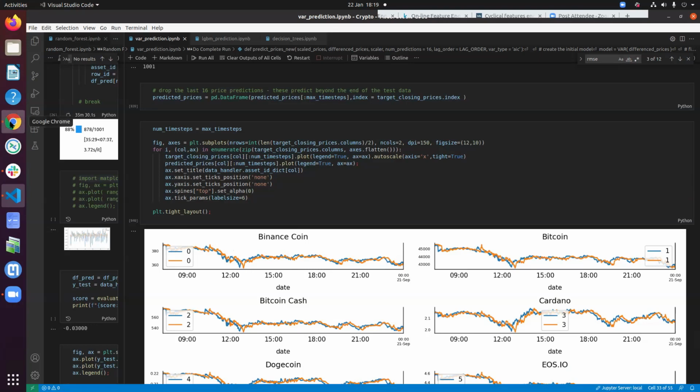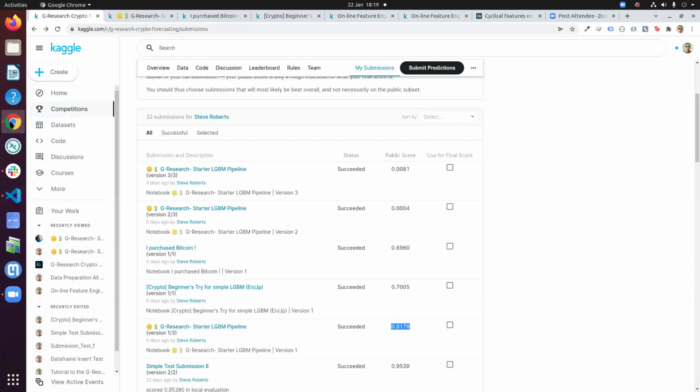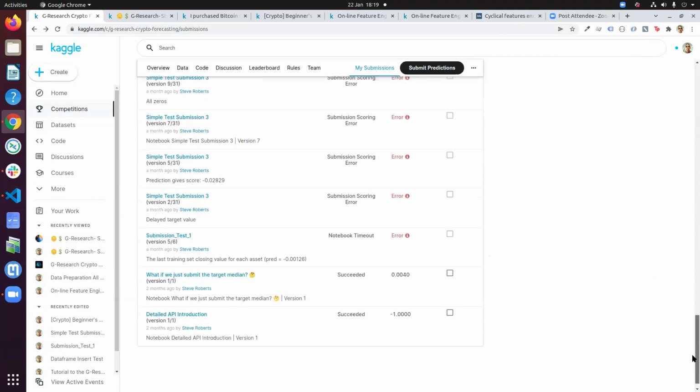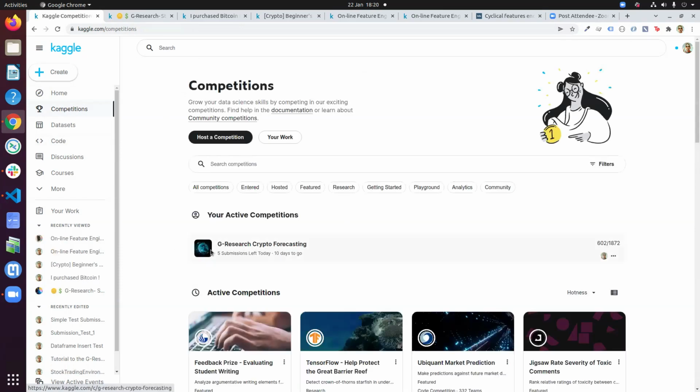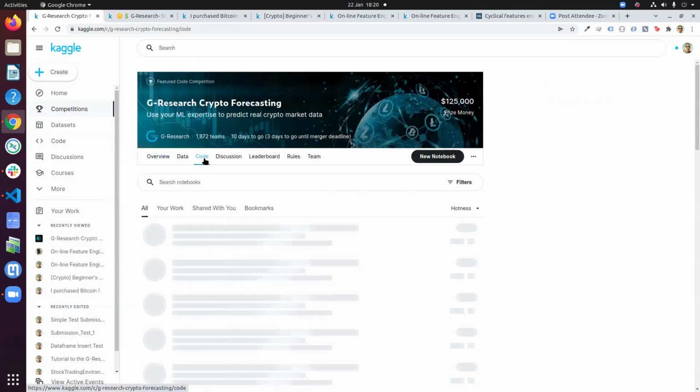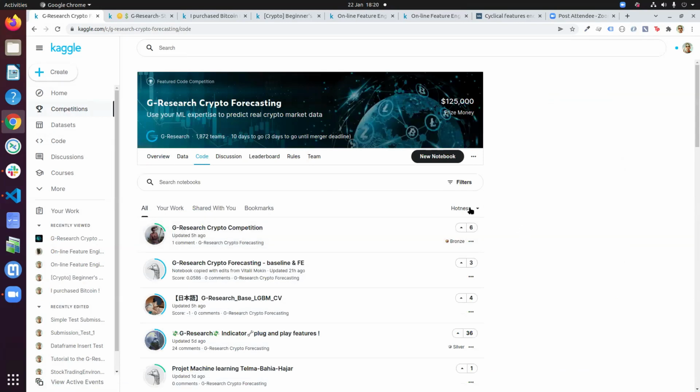Anyway, I got fed up with that, so I went to have a look at the notebooks that are in the competition itself. There are 3 types of notebook in there at the minute. If I go to the code for the competition, these are all the notebooks that have been submitted.